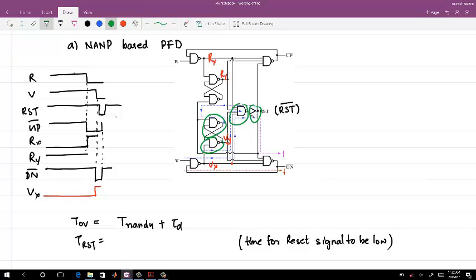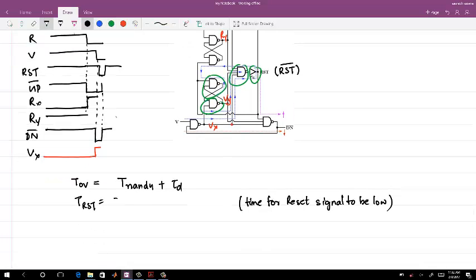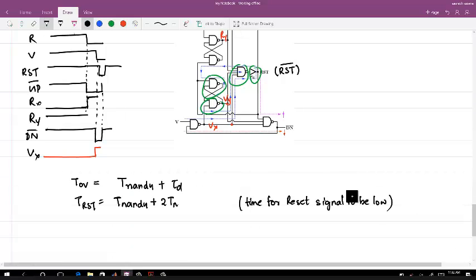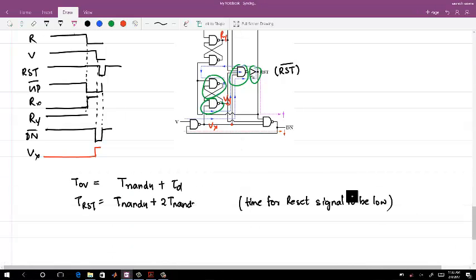Is there anything confusing here? Once your reset signal goes low, that has to propagate and make your Vx and Vy change, actually Vy change, right? And then again, NAND delay will be there. So your reset signal delay is T NAND 4 plus 2T NAND 2 plus your tau d.